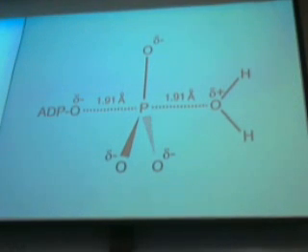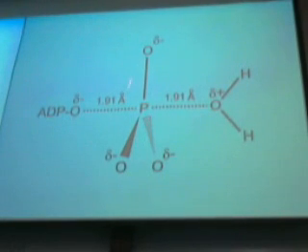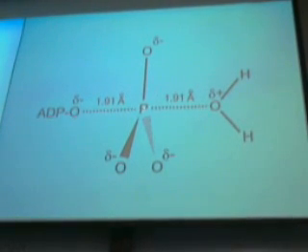Here's another picture of that transition state, what we think it looks like, the ADP over there. This transition state has a kind of trigonal flat form of the phosphate. There is the water that is being released. Those are projected bond lengths.